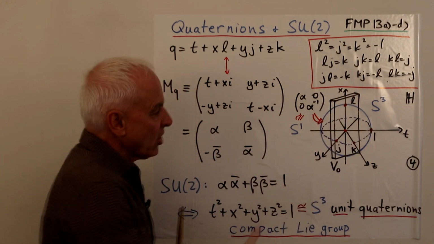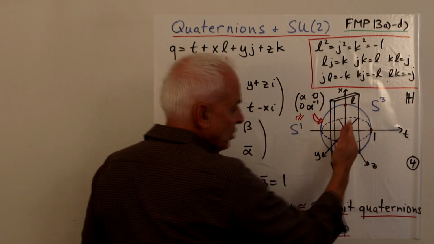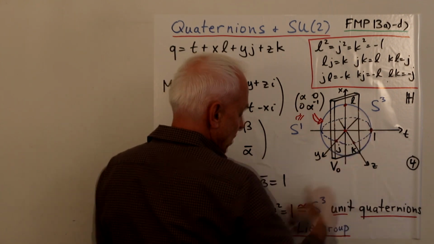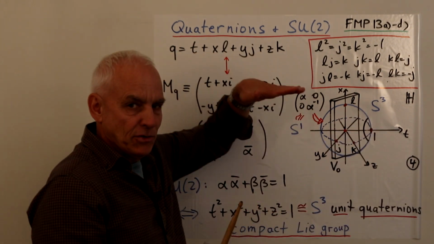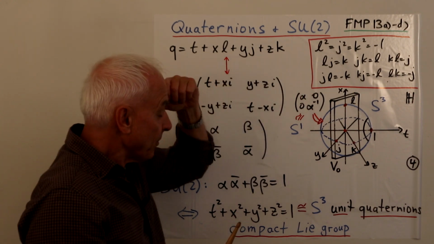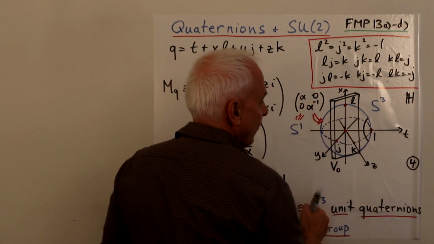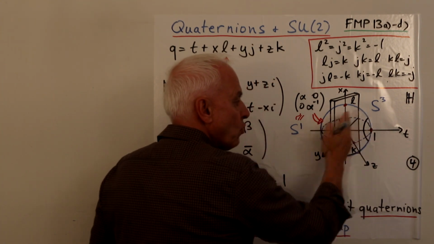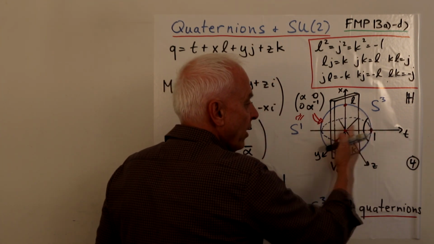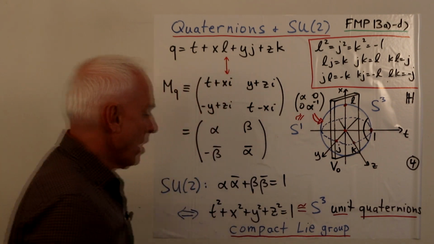A character turns out to be a conjugation invariant function, which means that it's constant on each sphere of constant latitude. So the character is constant on each one of those, and it only really depends on this direction here.